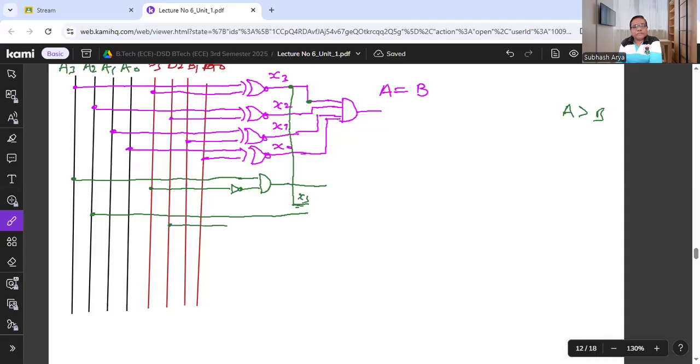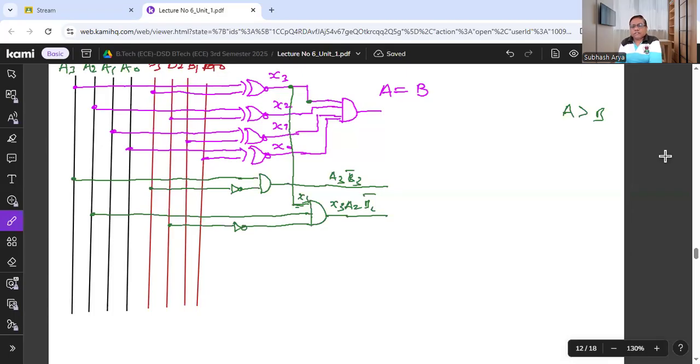B2 is here. We put a NOT gate, then this is b2 bar, and after that this has to be an AND operation, and then we can get x3 a2 b2 bar. This is the case, and here this is a3 b3 bar.